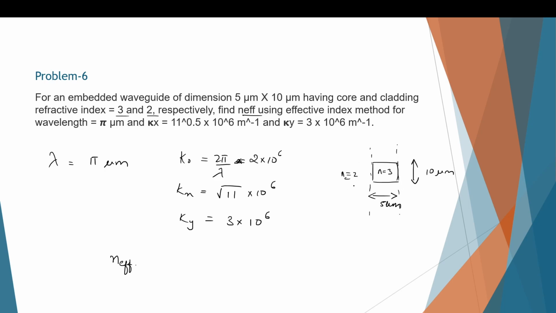So the effective index here is 2, here is also 2. Here we have to find out how much is the effective index. For finding that out, n effective is nothing but beta x or beta that I would have got had I been propagating along. I have not defined the x and y directions, right? So this is the x direction, this is the y direction.